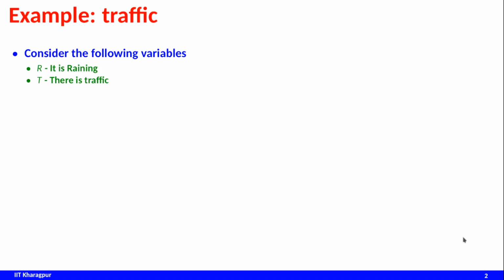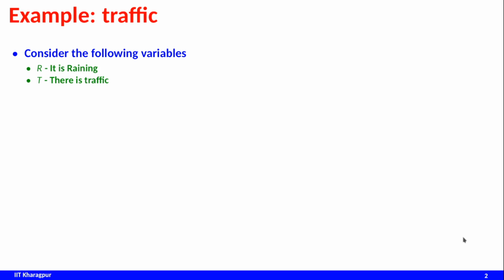Today we'll be looking into how we can actually form a belief network, what would be a good way to form that belief network, and what are the pros and cons. So let us take this example. Say I want to model traffic and its relation with rain.